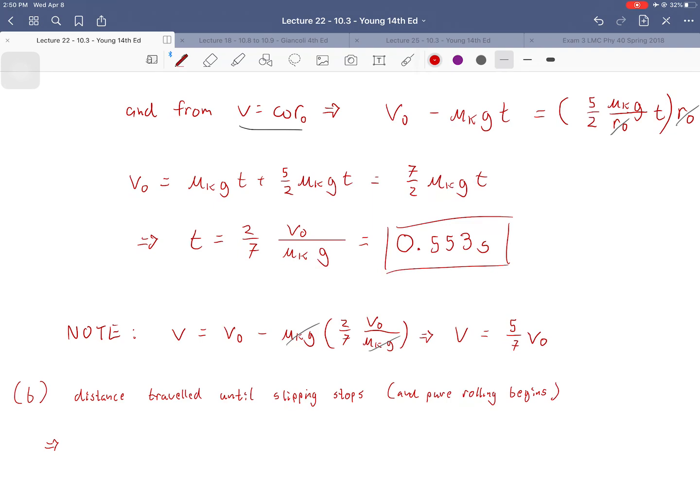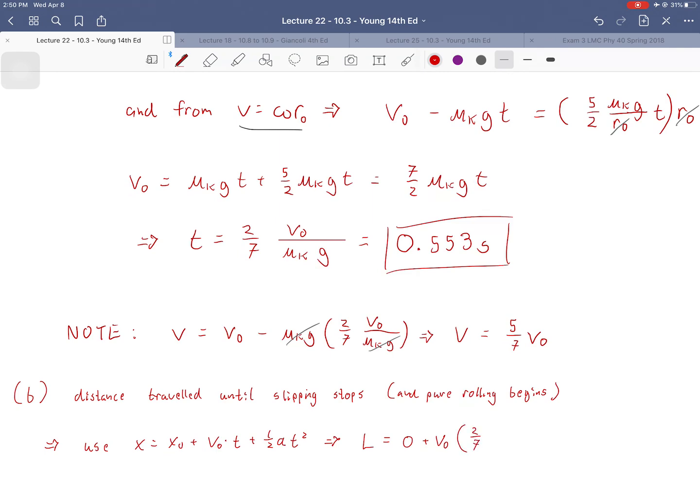All right, well that's simply going to be, we'll just use translational kinematics to find that. So we'll use x equals x naught plus v naught t plus 1/2 a t squared. That's going to be L, I'll just call that the distance, and x naught will be 0. Our v naught is given.